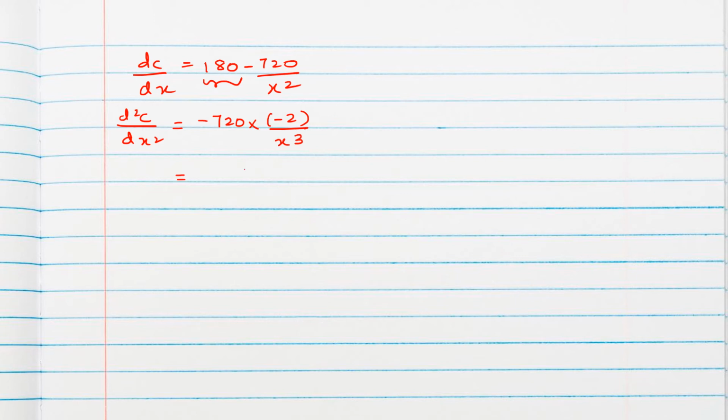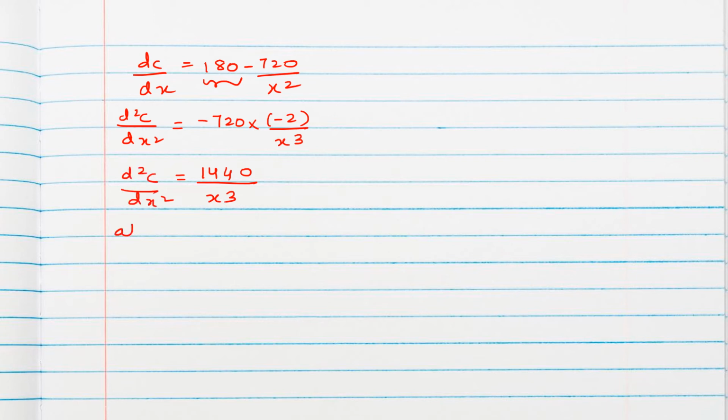So dC by dx is 180 minus 720 by x square. So we'll find the derivative again. d square C by dx square will be, this time this will give 0. So minus 720 is the coefficient. The derivative of 1 by x square will be minus 2 by x cube. So this will give 1440 by x cube.